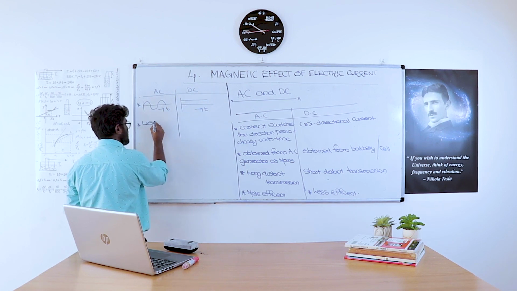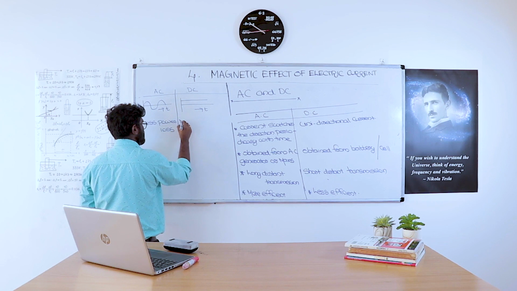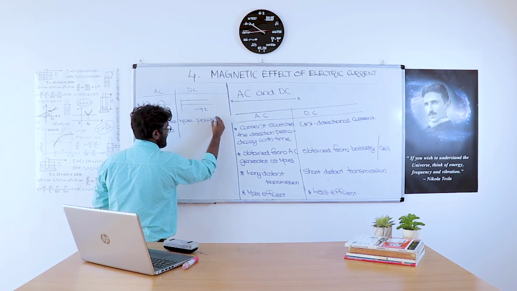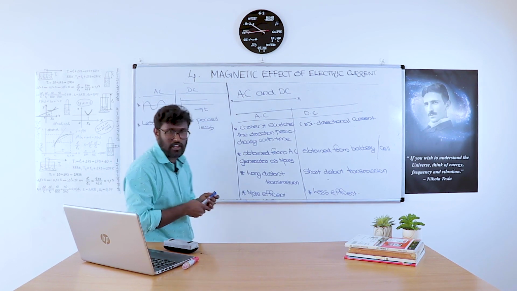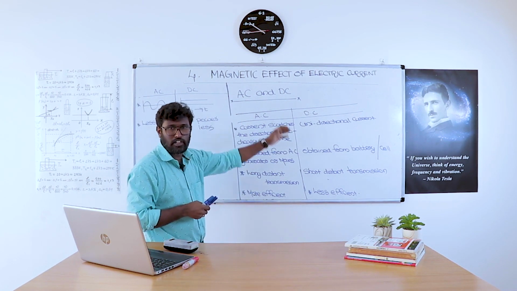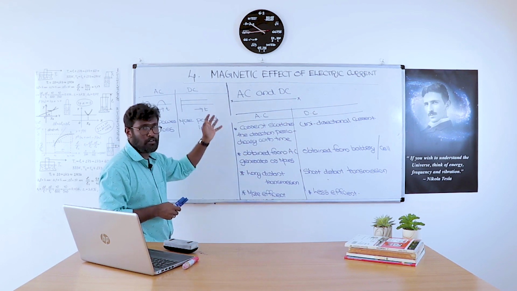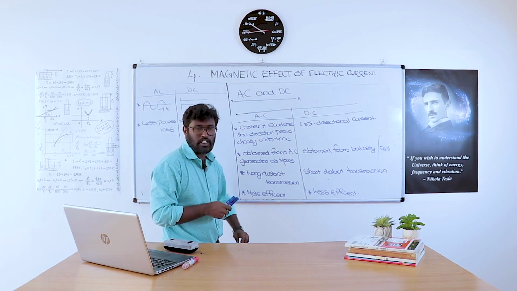There is less power loss in the case of AC, but more power loss in the case of DC if we consider long distance transmission. That's why for long distance transmission, AC is preferred over DC, because AC has less power loss and DC has more power loss compared with AC. So these are the differences between AC and DC.